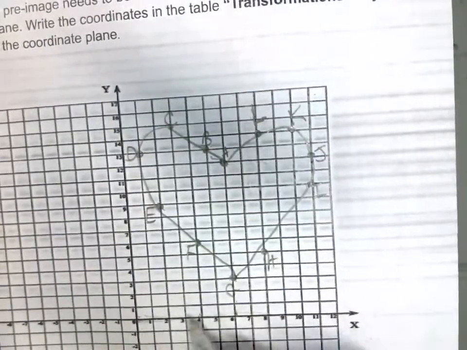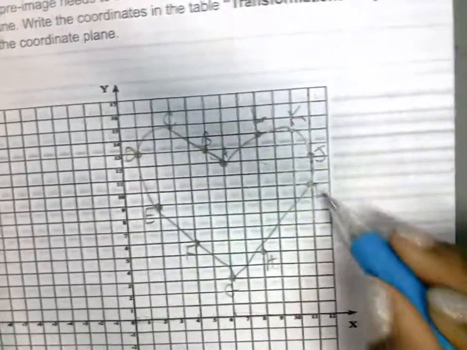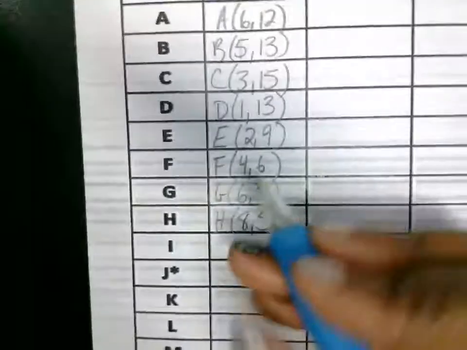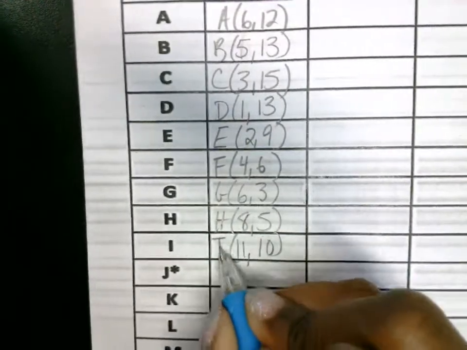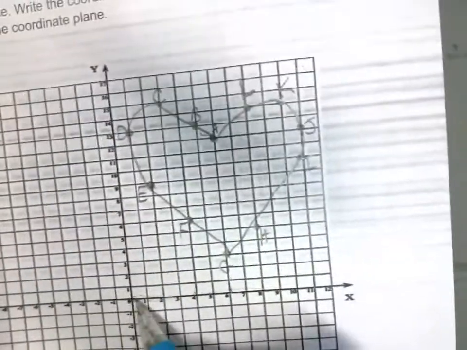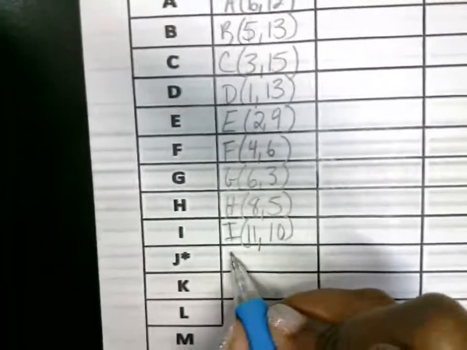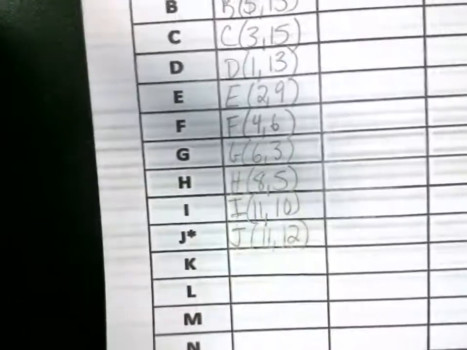I, let's see, over to 11 and up to 10. 11, comma 10 for I. Okay. J is over 11 and up to 12. 11, comma 12 for J. Okay.